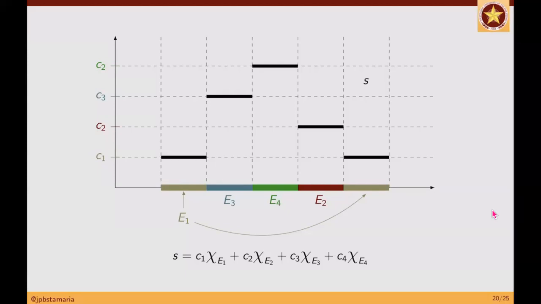Naintindihan nyo? Kapag kayo nasa probability theory, anong tawag nyo sa S? Ito yung mga tinatawag na discrete random variable. Ayun yung corresponding idea.